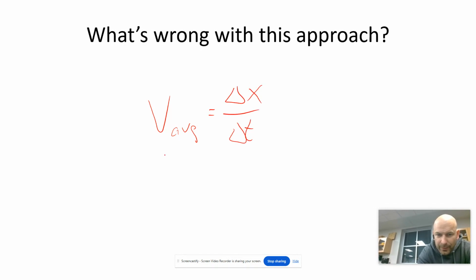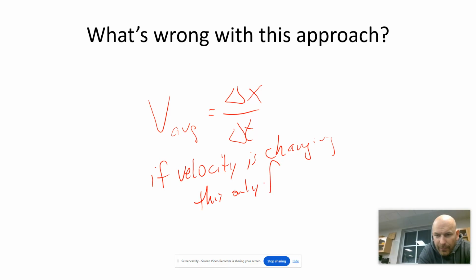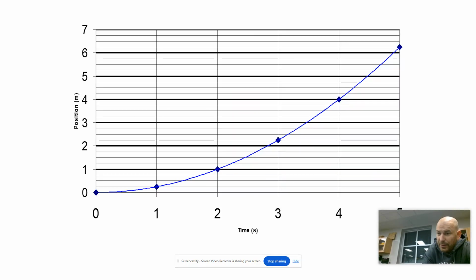If velocity is changing, this only finds the average velocity and not the actual, which I want.